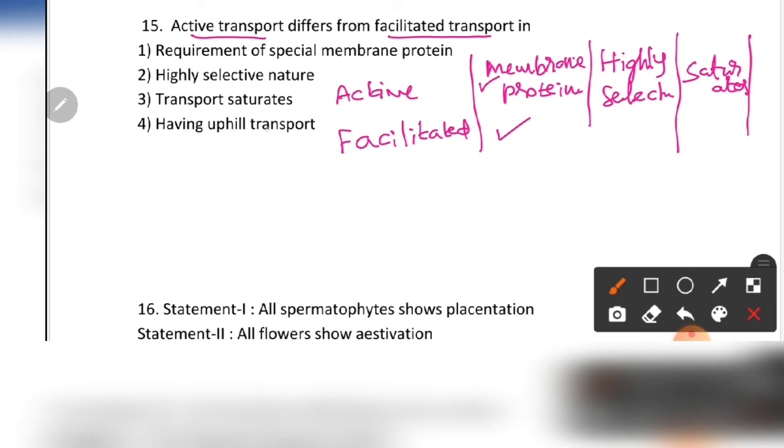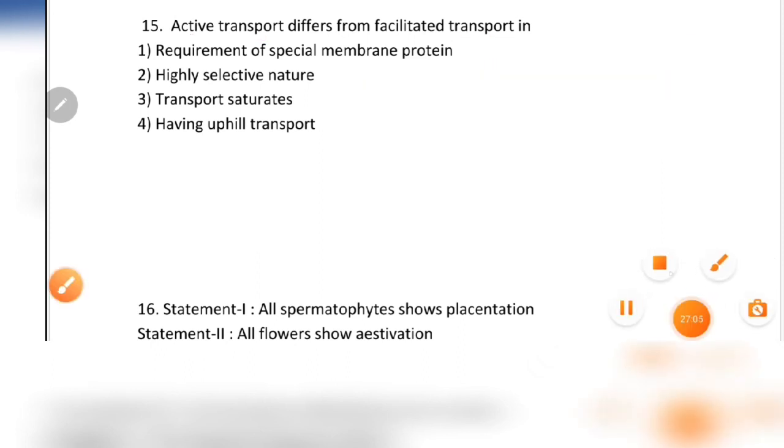But what about uphill transport? Uphill transport means movement of substances from low concentration to high concentration. Yes, we use active transport for this.